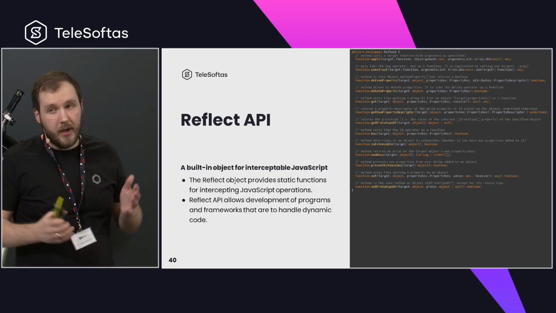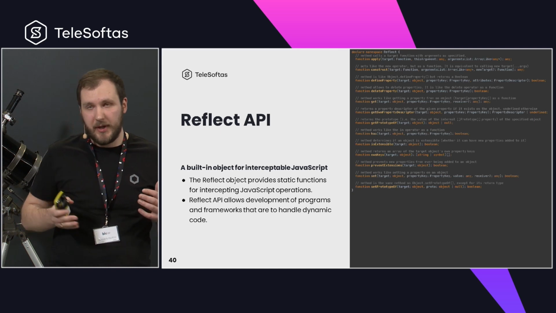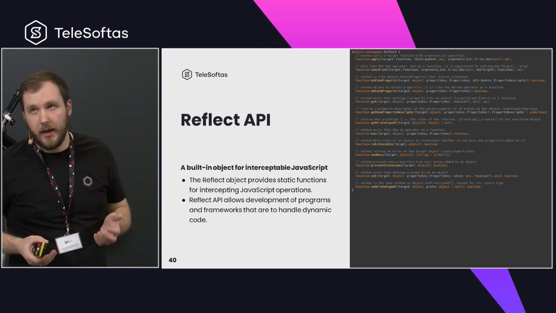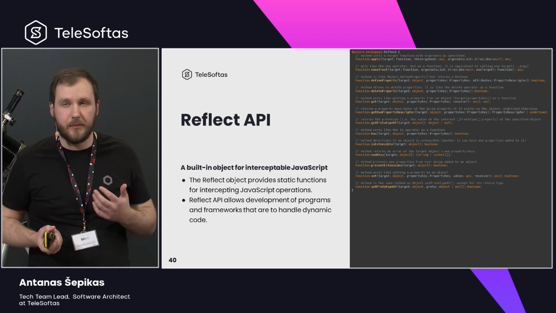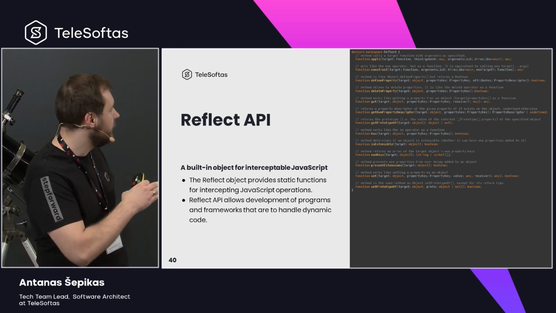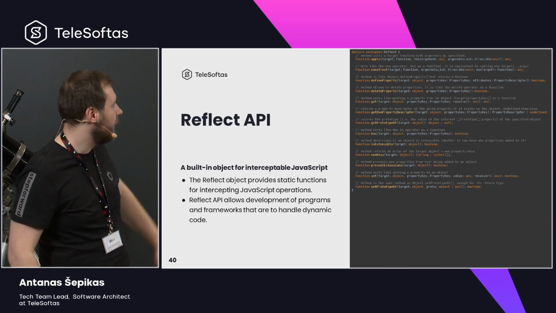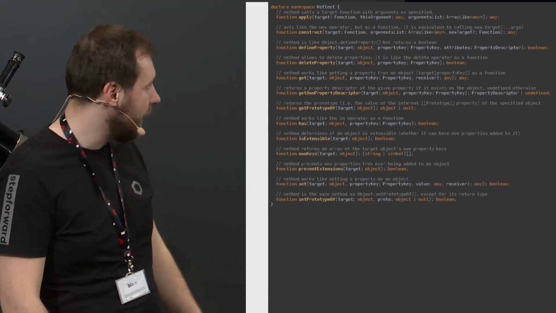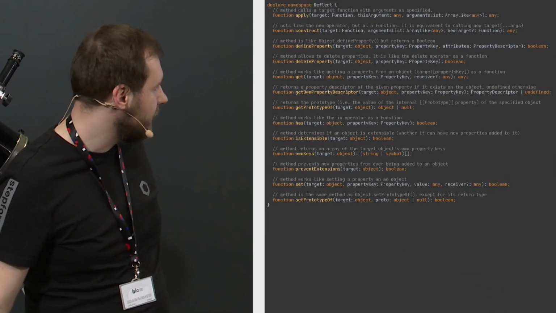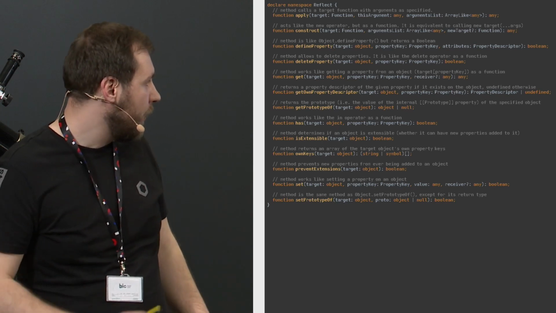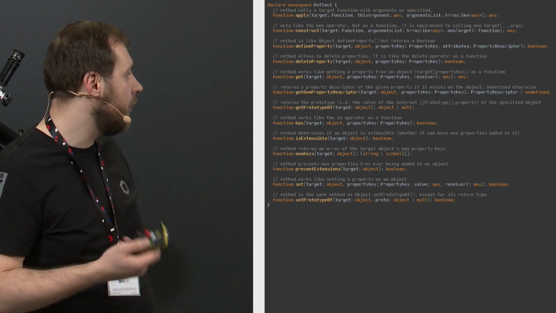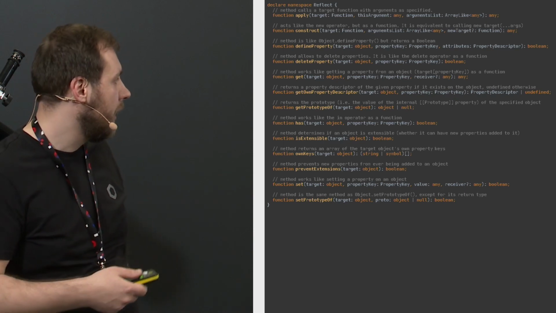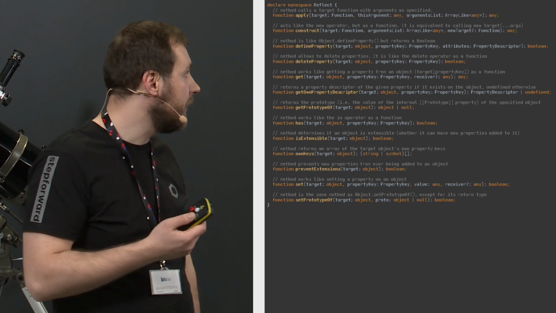So JavaScript has this reflection API already available today, and it provides methods that allow you to intercept JavaScript operations. I hope you can see it. I wanted to fit everything in a single slide, so I had to shrink down the text, but I hope that you can see it. But anyway, the reflection API allows development of programs and frameworks that handle code dynamically.